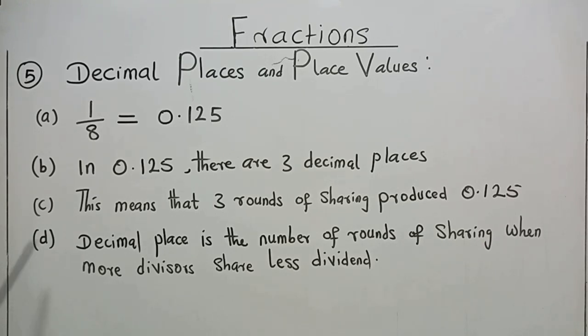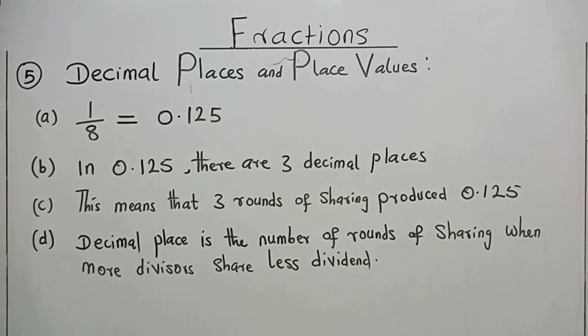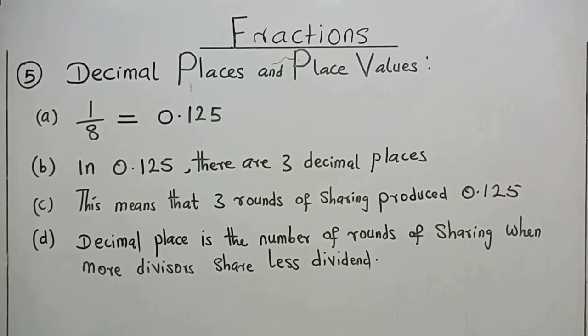Therefore, this word divisor is more appropriate when compared to the word persons. Again, decimal place is number of rounds of sharing when more divisors share less dividend. Now, let us see more examples of decimal fractions in dot notation with respect to the number of decimal places in them. Please watch out.